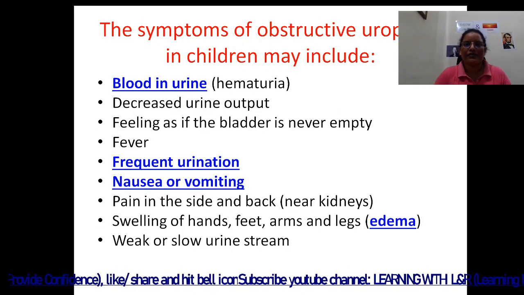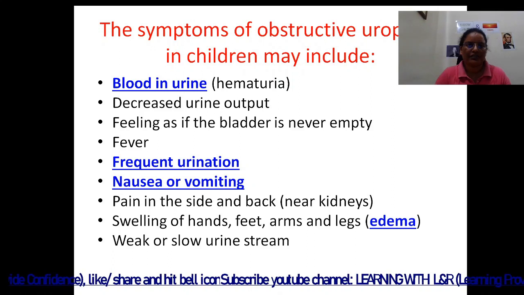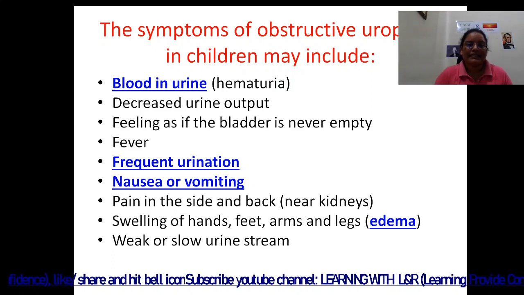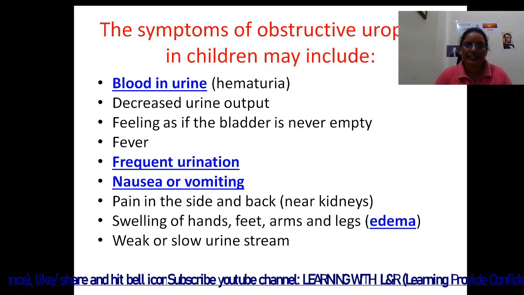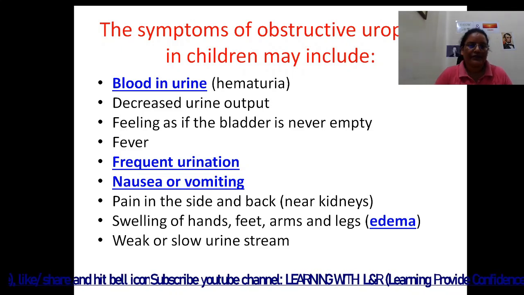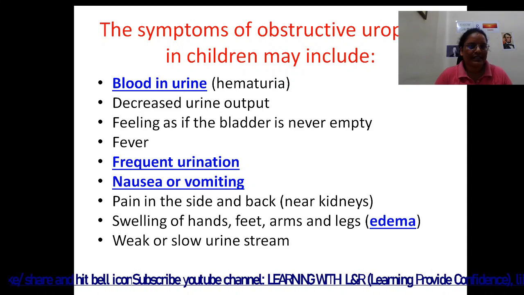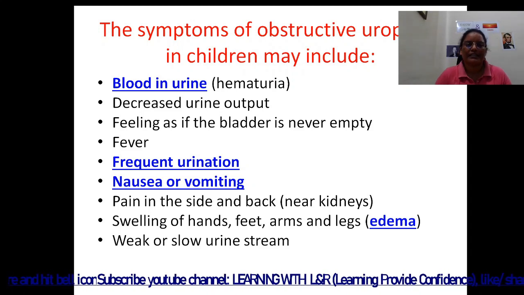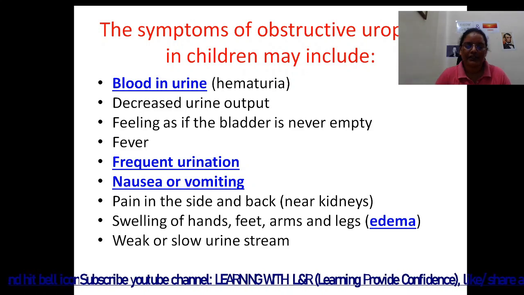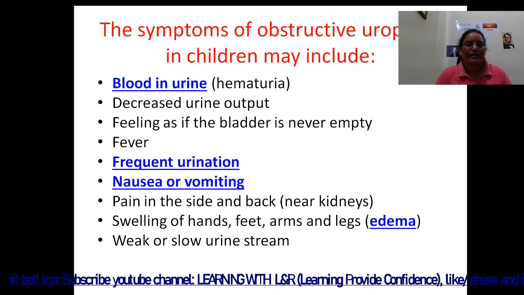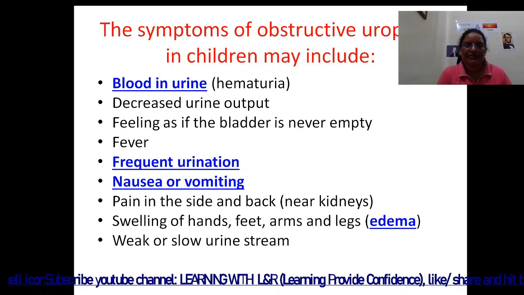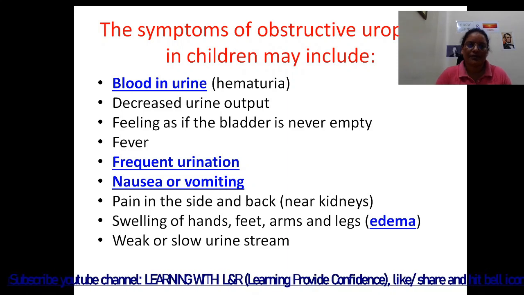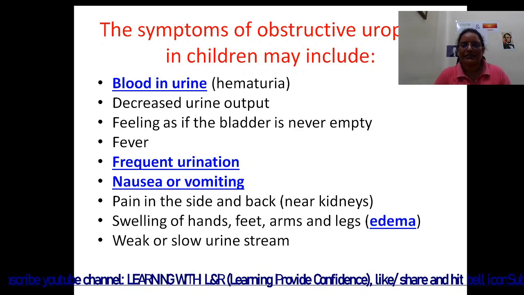The symptoms of obstructive uropathy in children may include blood in urine, then decreased urine output as compared to normal, and feeling as if the bladder is never empty because there is residual urine. Residual urine is the urine left in the bladder after the child voids, due to some problem, for example obstructive uropathy.